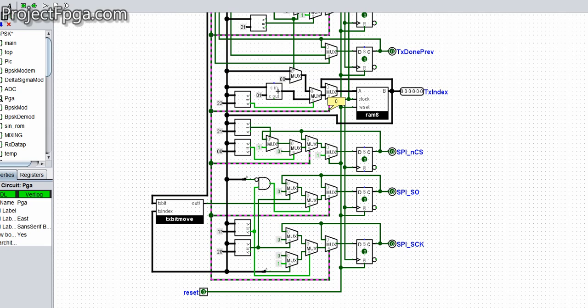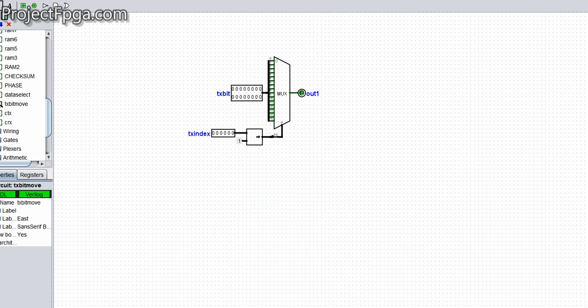So let me show you what this TS bit does. This is it here. Remember, the two inputs here are the TS bit and the TX index. Here is just a shifter. I shift by 1.